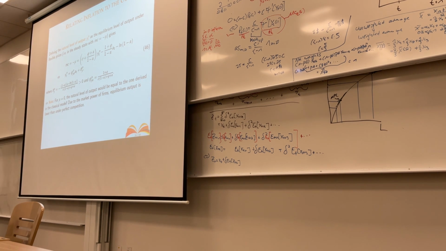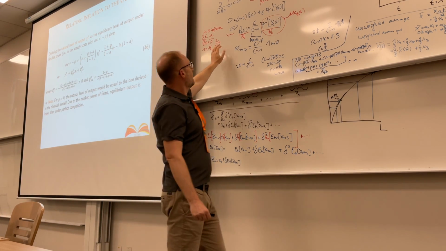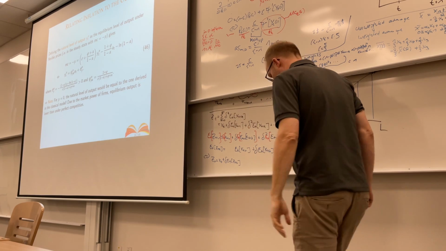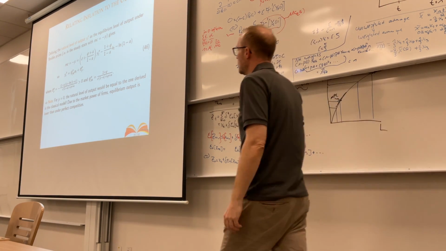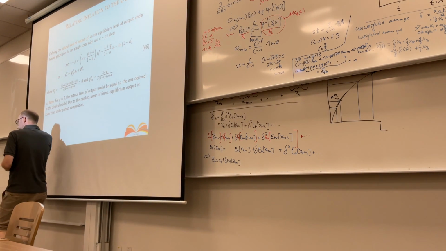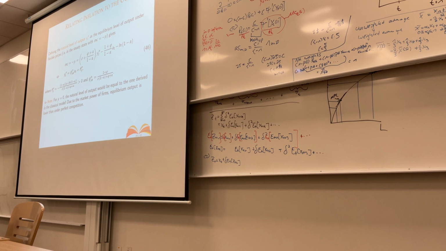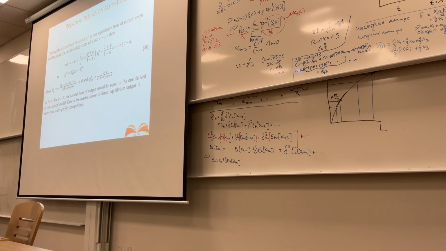This is the level of output under flexible prices, when prices always adjust to ensure we have a constant markup. And this gives us equation 46. So it's natural rate of output depends on some constant and the technology process.